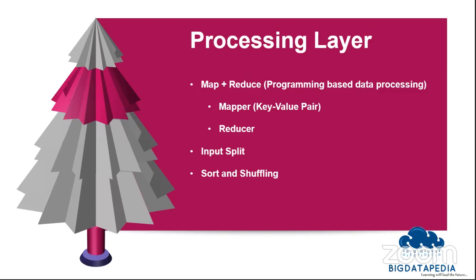Transferring the data from one node to another node is called sort and shuffling. It is also called by another name, intermediate value. While transferring data between nodes, we follow sort and shuffling. So whenever any data changes happen, sort and shuffling will always happen in the back. Okay, we can see it in a real-time hands-on session.